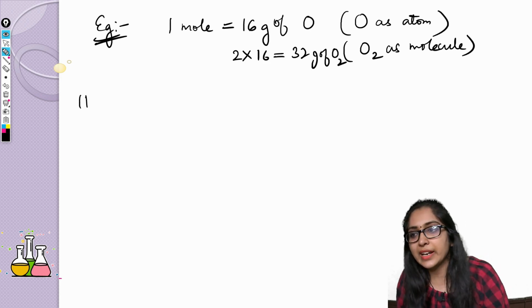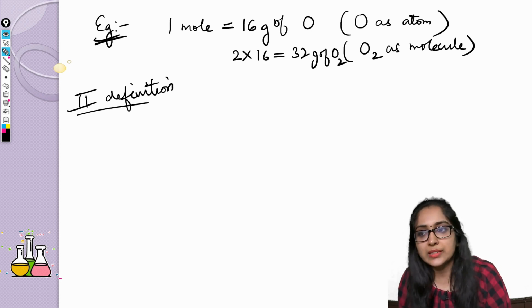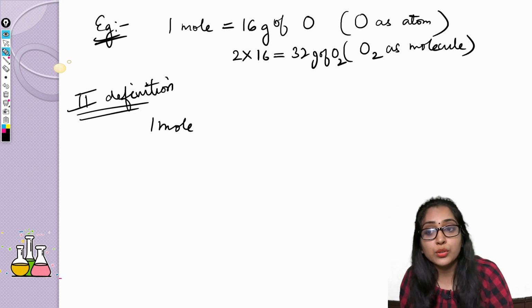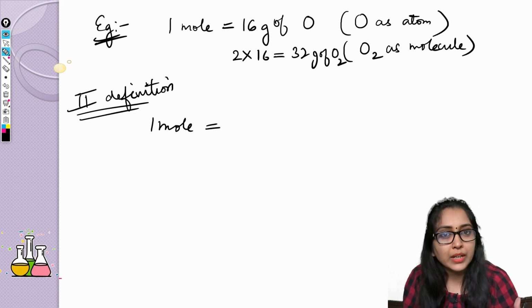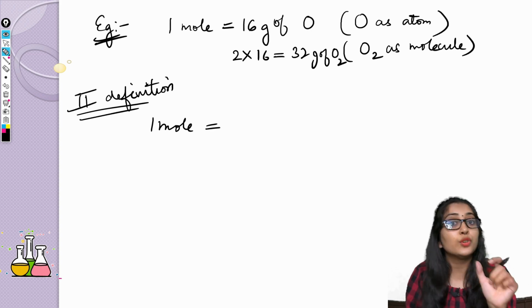Now here comes the second definition. What exactly is the second definition? If you want to correlate 1 mole with the number of particles, then you have to apply this second definition. 1 mole will be equal to the same number, Avogadro number.